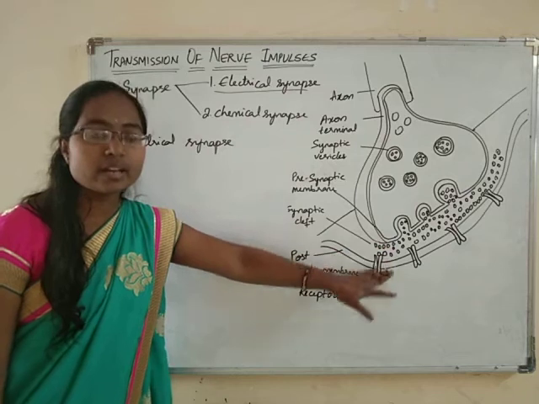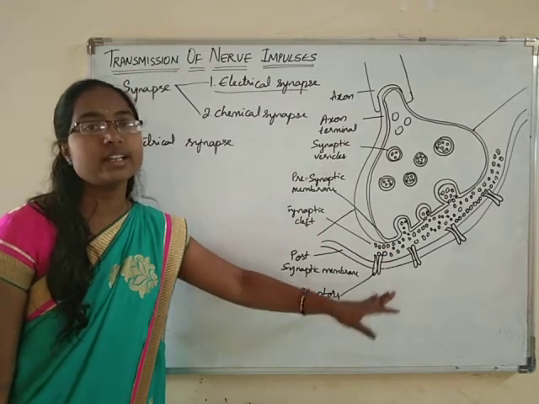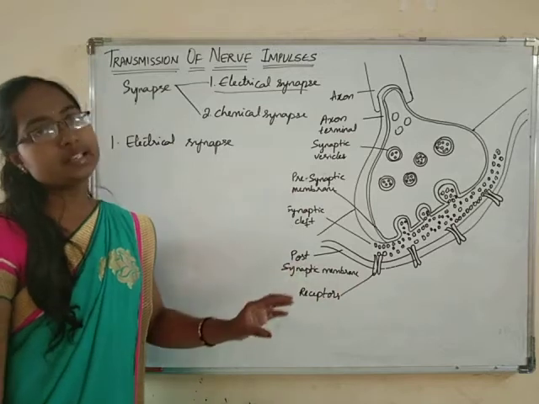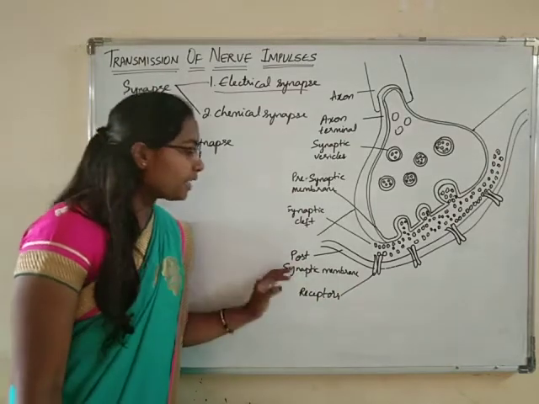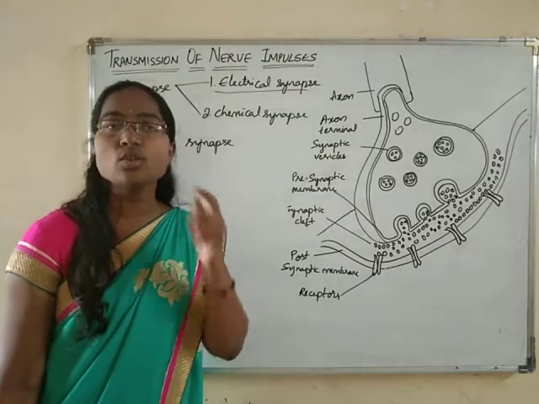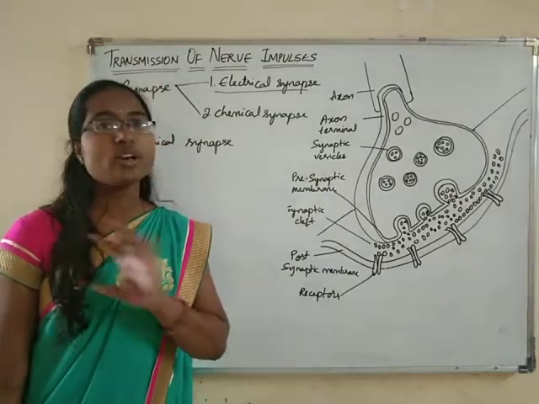Students, the diagram I have drawn here shows the chemical synapse. When coming to the electrical synapse, the presynaptic membrane and the postsynaptic membrane are very close to each other. There is no synaptic cleft. They are not separated.